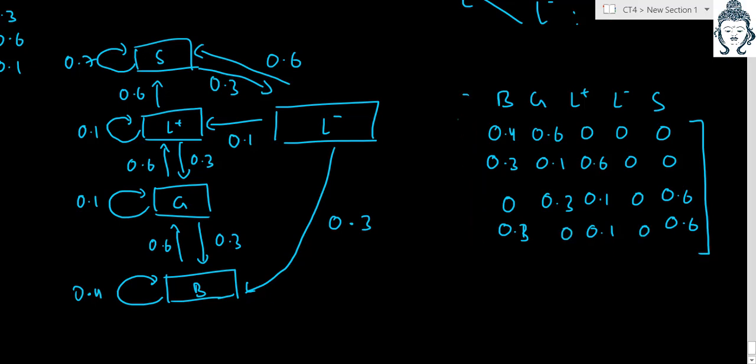That is how I calculate my probabilities. And the last one here becomes if I'm at S, I increase or maintain 0.7, I go down to L minus, that is 0.3. So all the other ones are 0, 0, 0, right. So this is what my transition matrix looks like.